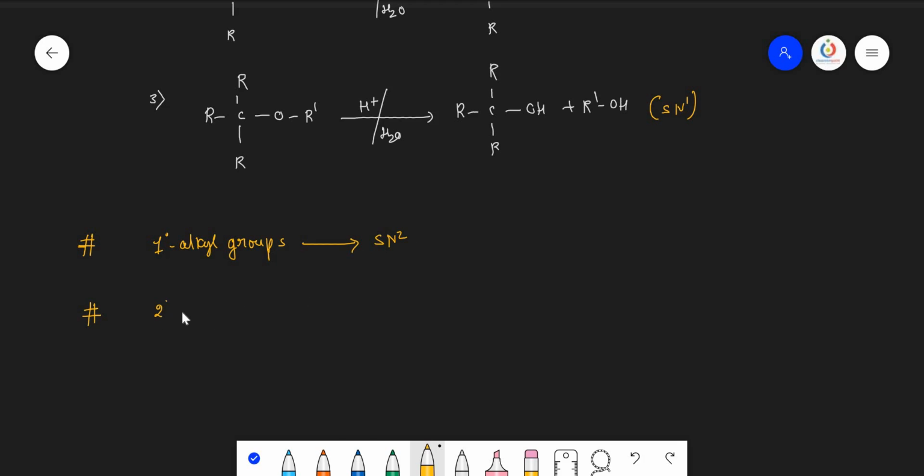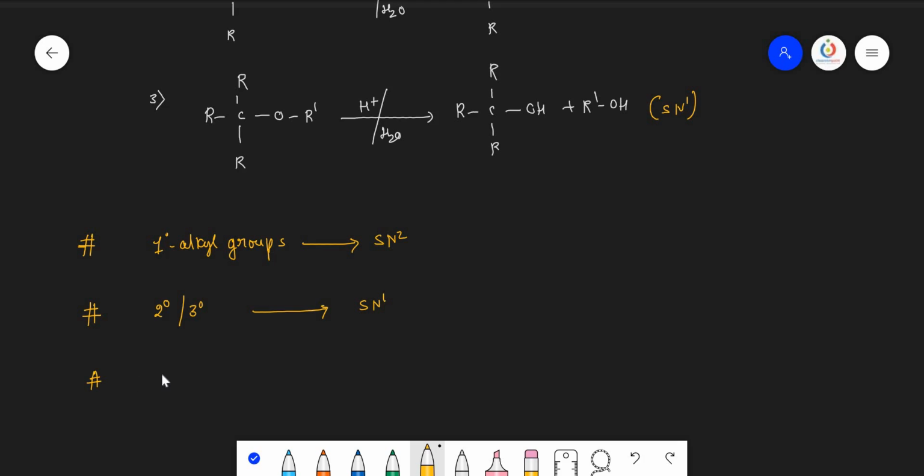If the ether has either secondary alkyl groups or tertiary alkyl groups, any of these groups present, then it follows the SN1 mechanism.